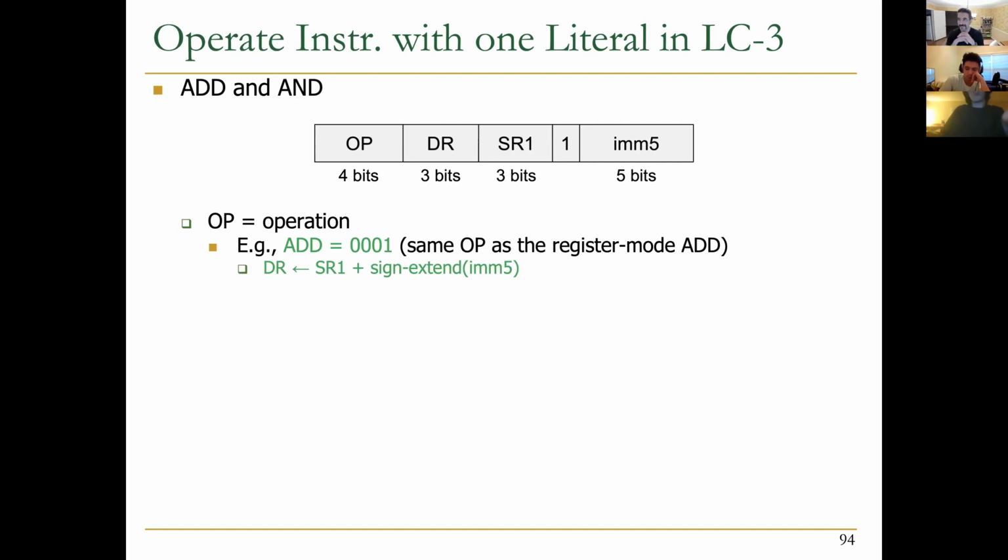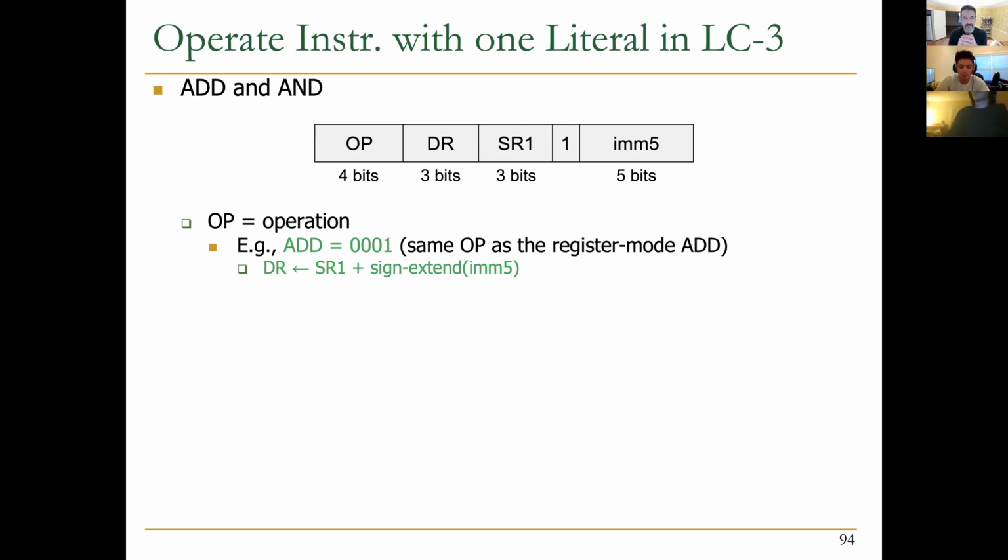If you are given any questions in exams or quizzes, we give you this encoding. You don't need to memorize any of this. The only thing that you need to learn is how to interpret this instruction, or understand the semantic of each instruction.